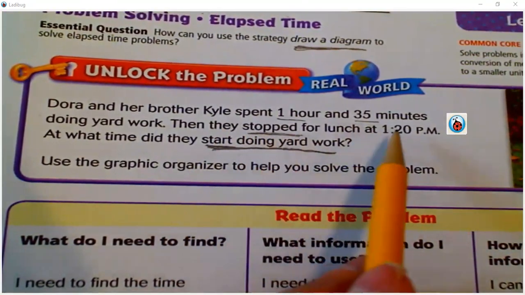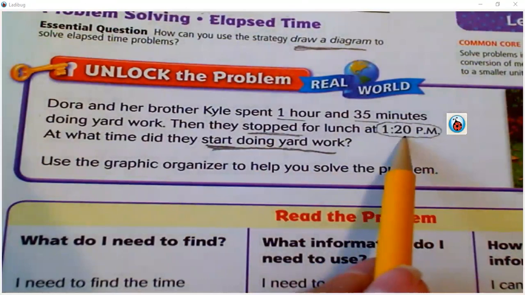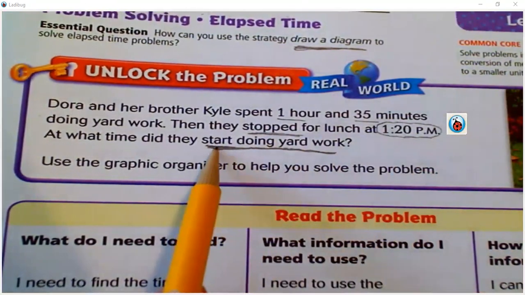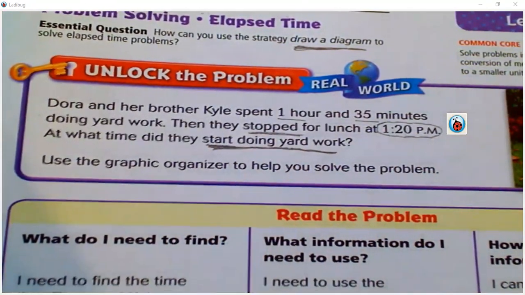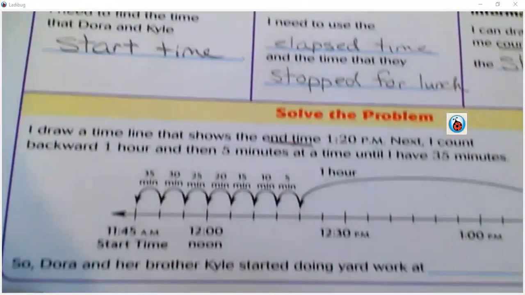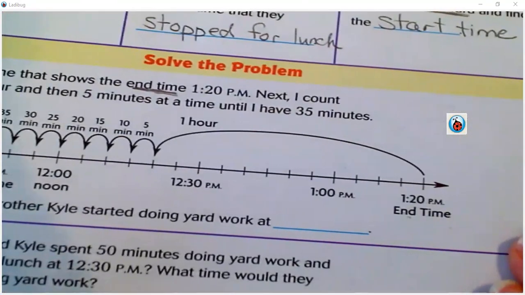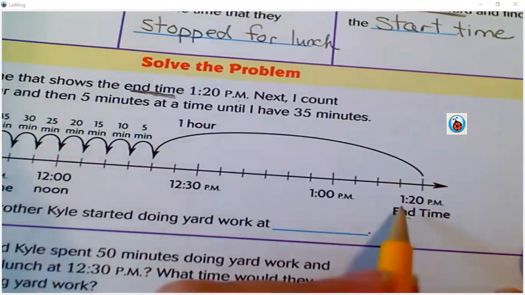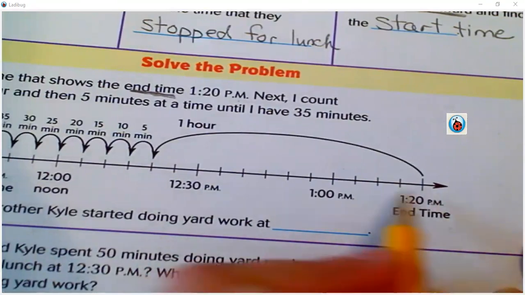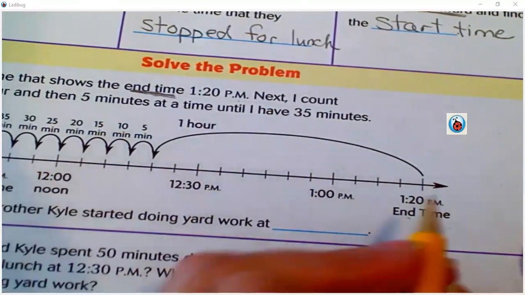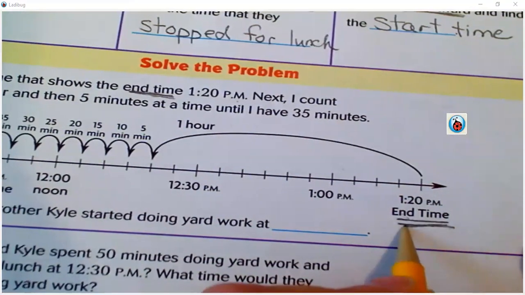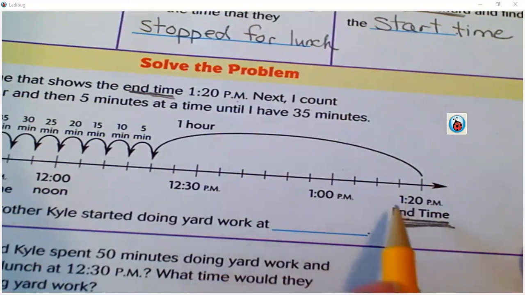They tell us they stopped at 1:20, and we have to find out what time they started. So when I make a diagram like this, I'm going to begin my jumping on my timeline at the end time. We know that's the time they stopped. They stopped for lunch at 1:20 p.m.